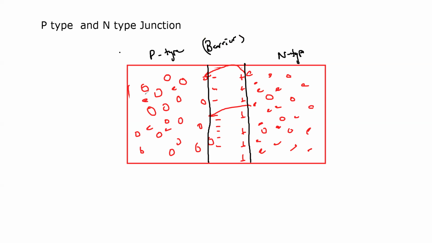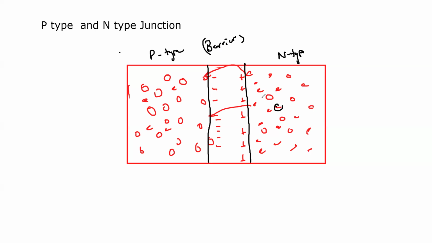So p type has majority holes and n type has majority electrons, and between the p and n type it creates a barrier. The width of this barrier, or wall, will be fixed or finite according to which elements are used. Why can't all of the electrons mix with a hole?